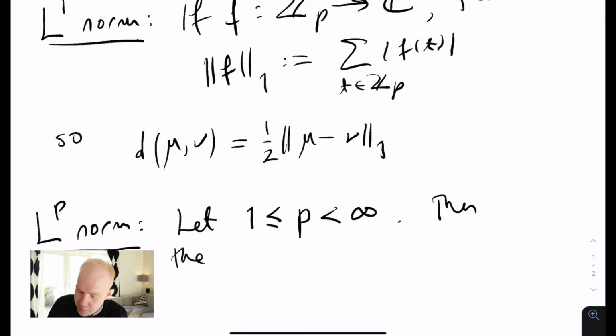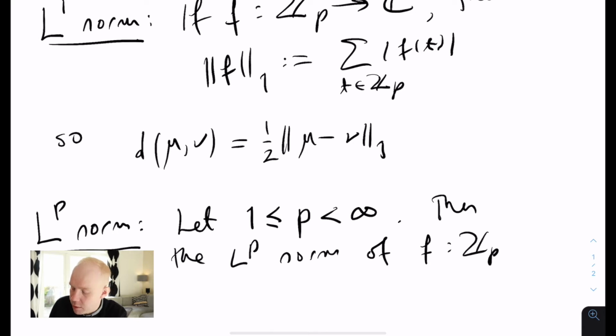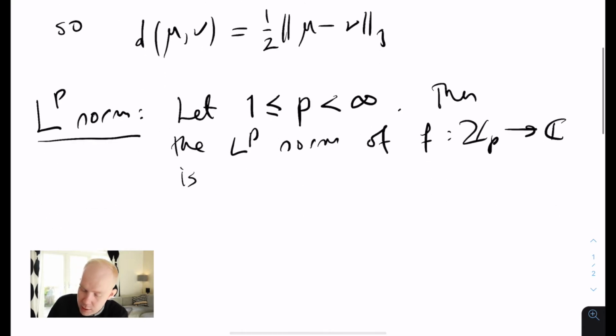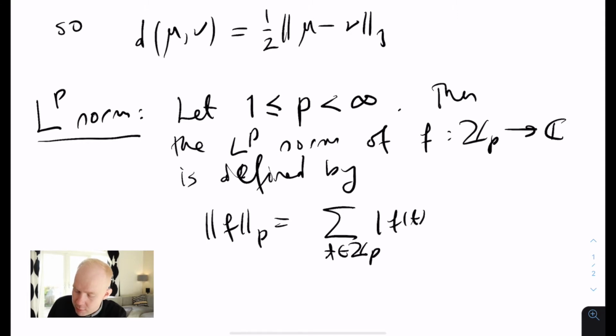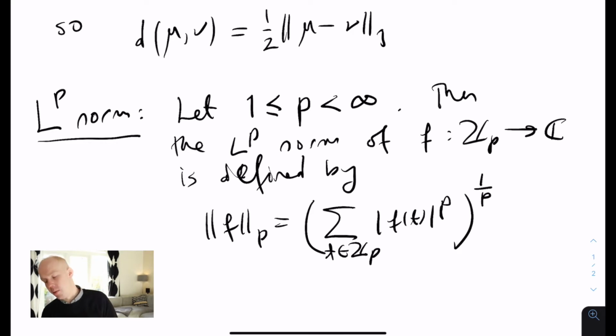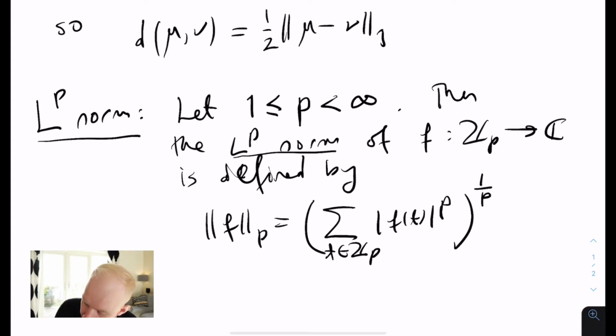Then the LP norm of f from Z_p to C is defined by taking the sum over t in Z_p of |f(t)| to the power p, and then taking the pth root, so we raise it to the power 1 over p. That's why we assume that p is less than infinity, so that we can define it in this way. So that's the LP norm.